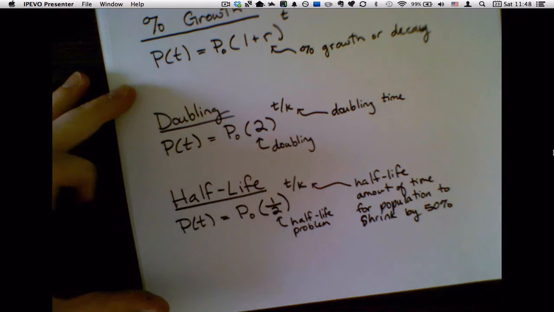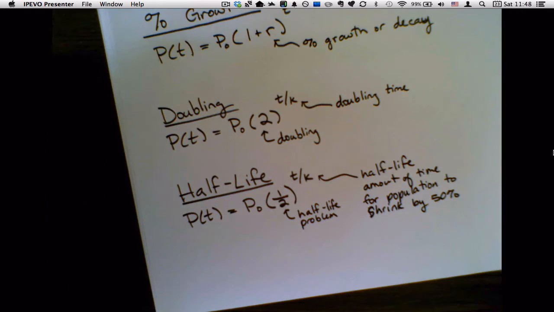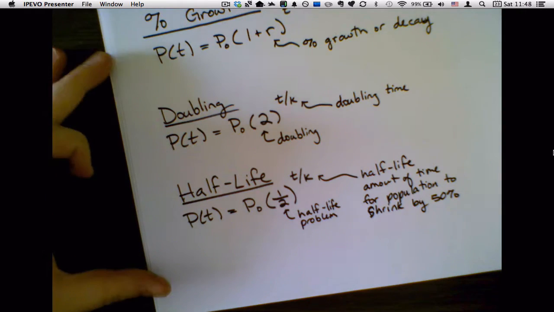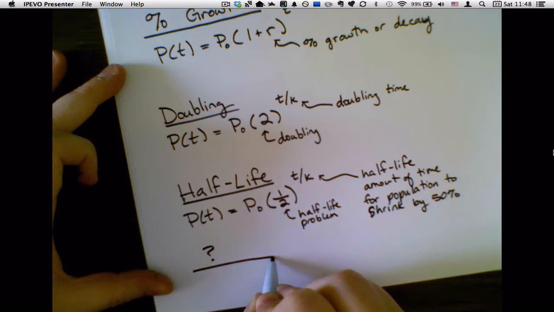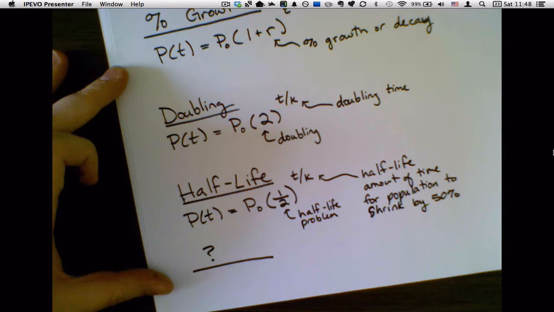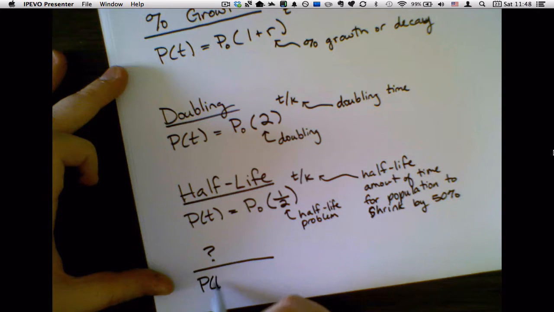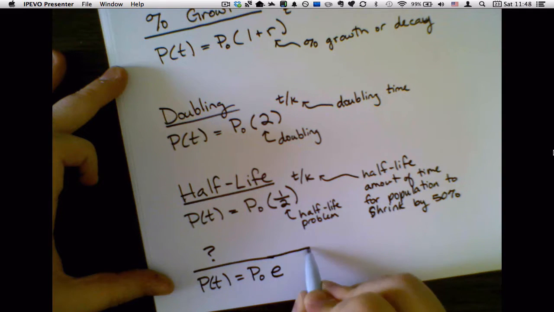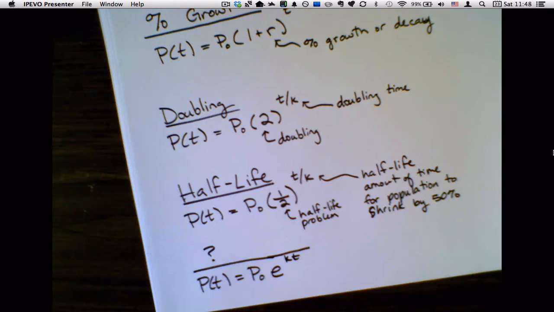You'll also see, and I can't think of any circumstance where I've used this, some of them that are base e.